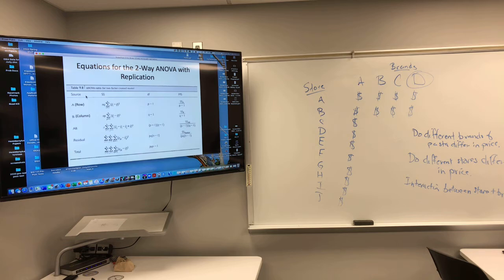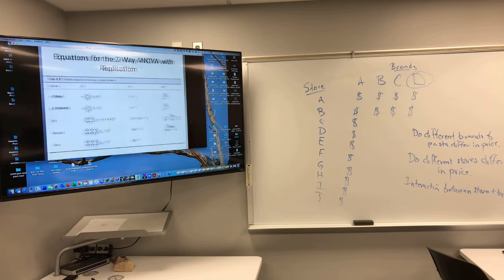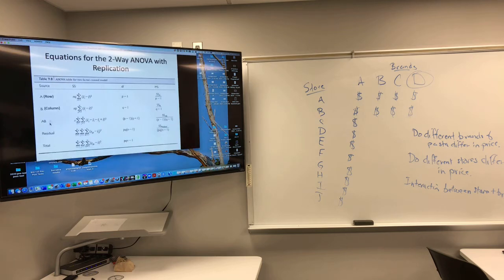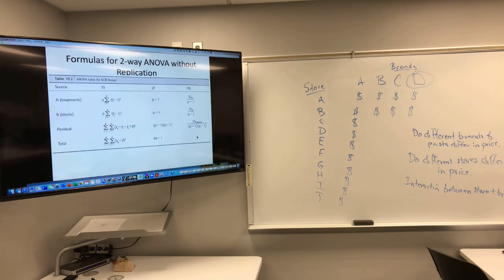What do you see in this table that is not in the last table? The interaction term. There's a row by column interaction term here, and in the without replication situation, there is no interaction term.